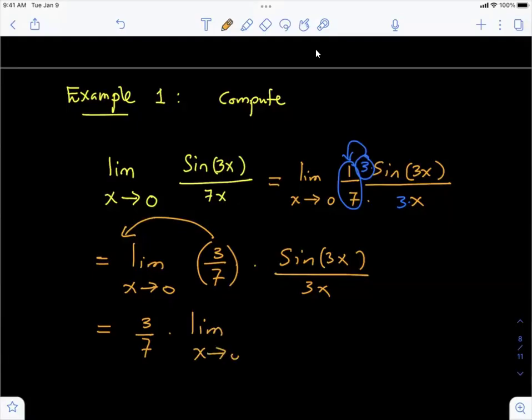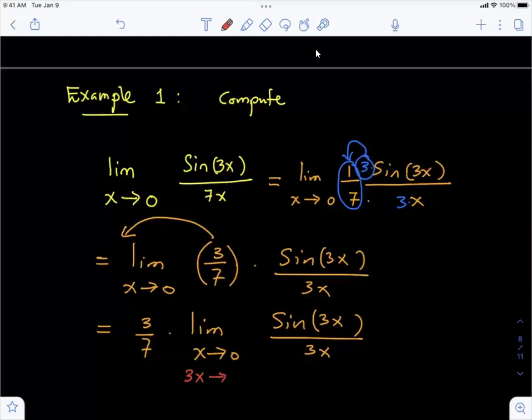And then when x goes to 0, I do have sine 3x divided by 3x. Now look at this. I have 3x here, 3x there, but the obstacle is not having 3x here. But it is easy to fix. Look at this. When x goes to 0, what can you say about 3 times x? Where does that go? Does it have any other option?